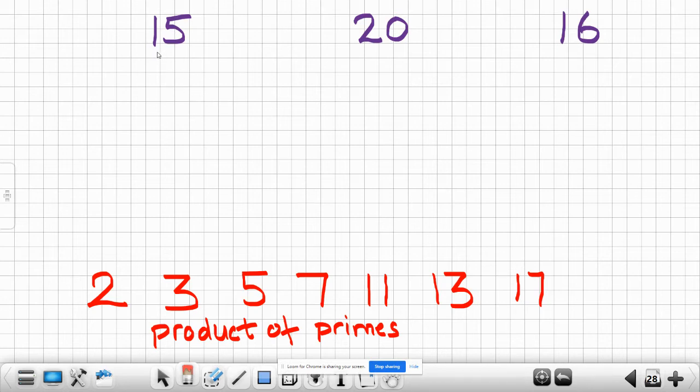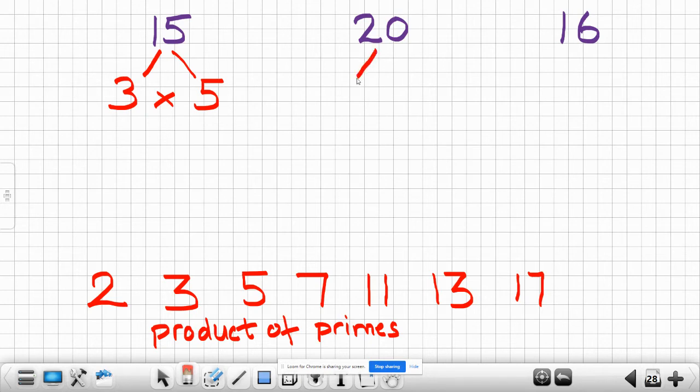Does it have factors? Yes, it's got a factor of 3 and a factor of 5. Here's my list of prime numbers. 3 and 5 are both prime. So therefore, we can write 15 as a product of its primes, and it's 3 times 5.